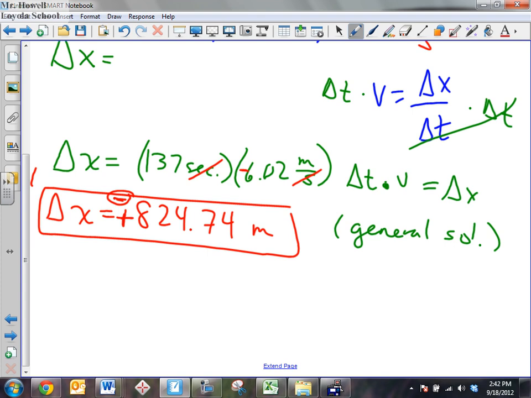The problem is given as 6.02 meters per second east. Just plug in the time, plug in the velocity, and multiply. It's a very basic problem here. Questions so far? No. All right, next one.